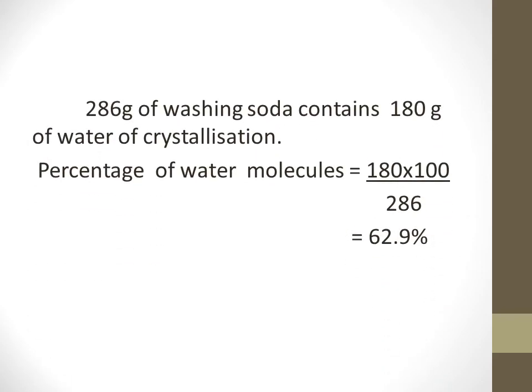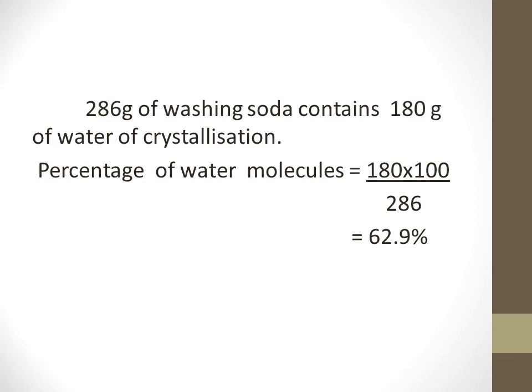So what's the next step? We found out the molecular mass of washing soda crystal. Now what's the next step? We know the molecular mass of washing soda is 286. 286 grams of washing soda contains 180 grams of water of crystallization. One molecule of water has a mass of 18 grams.